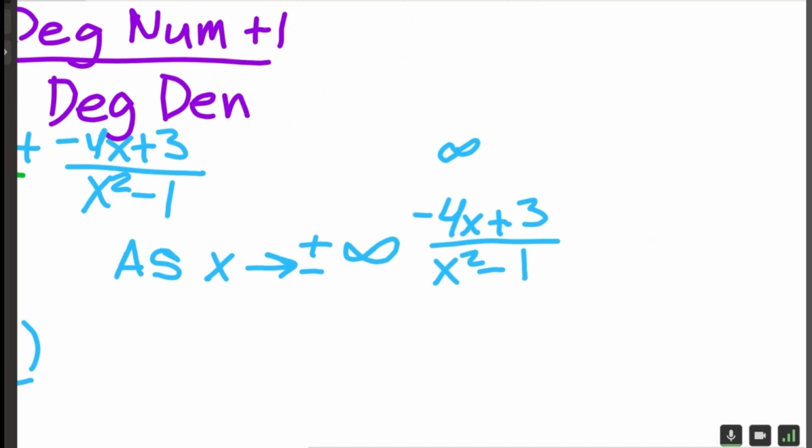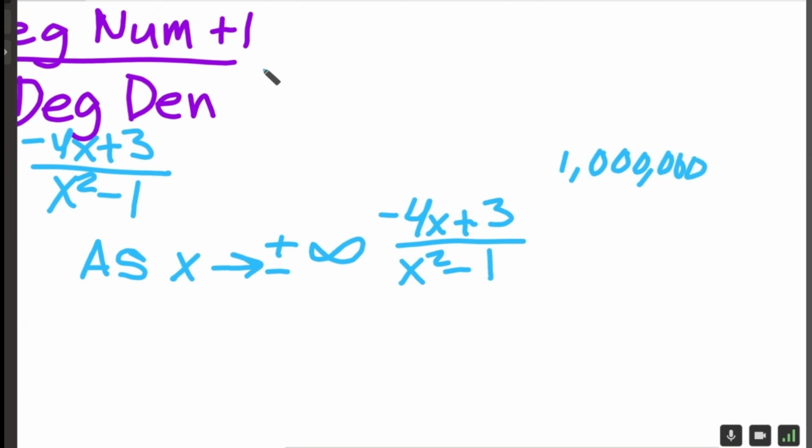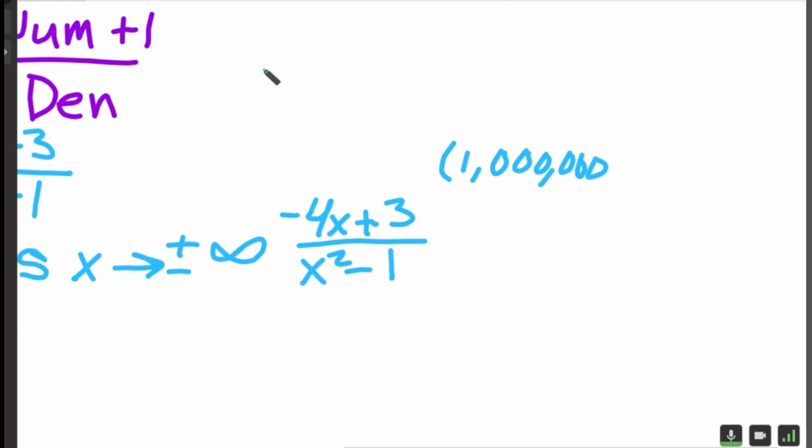What's a pretty high number? Like 1 million. What if we said 1 million times -4 plus 3? The plus 3 doesn't really do anything. It's just adding 3 to -4 million.